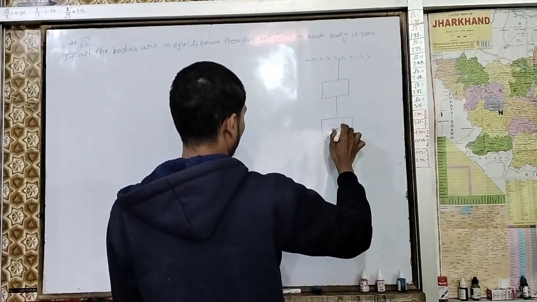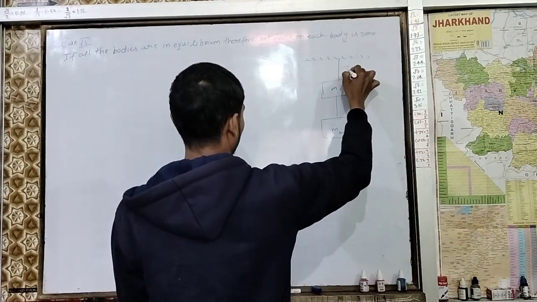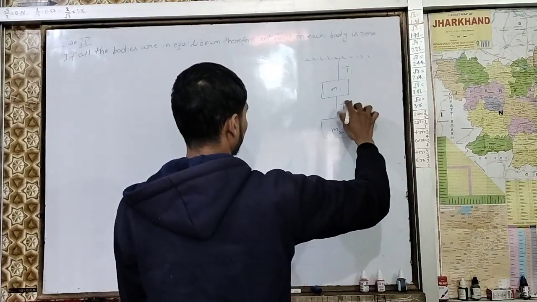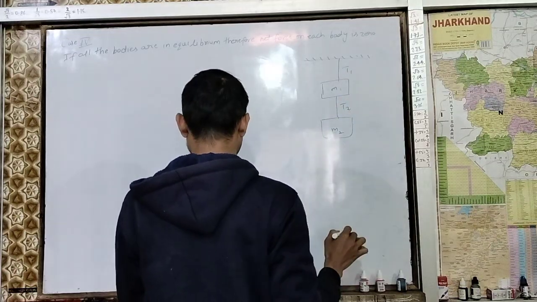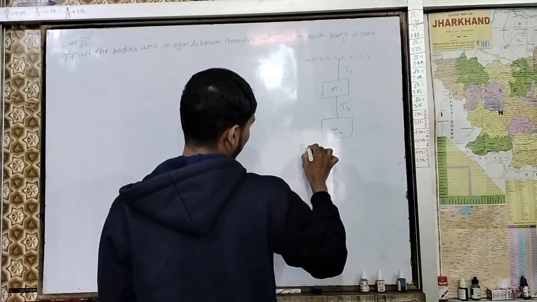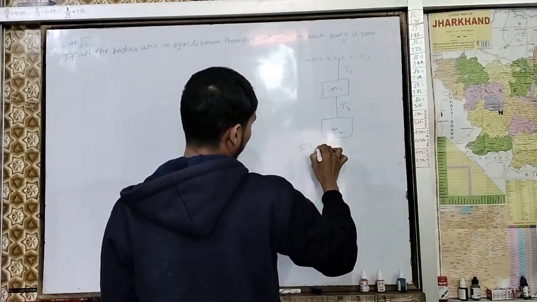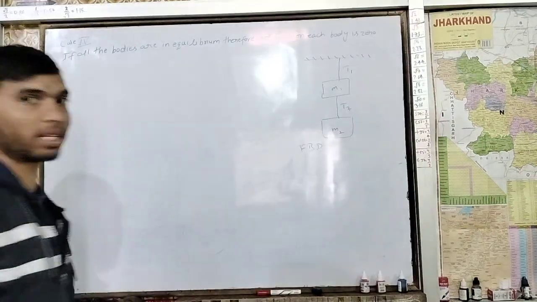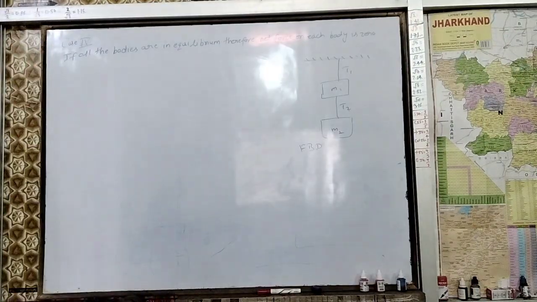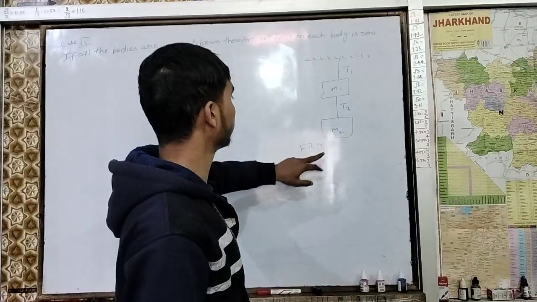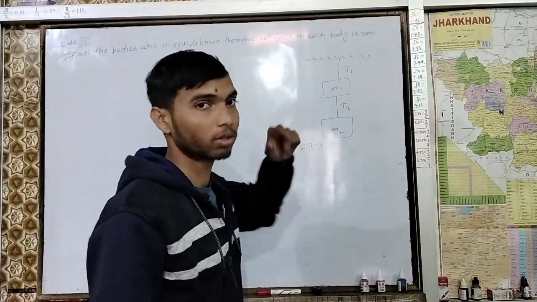This is the figure with M2, M1, T1, T2. Let's make an FBD, free body diagram, so that we can have all forces. Clear? FBD for first M1, FBD for second M2.